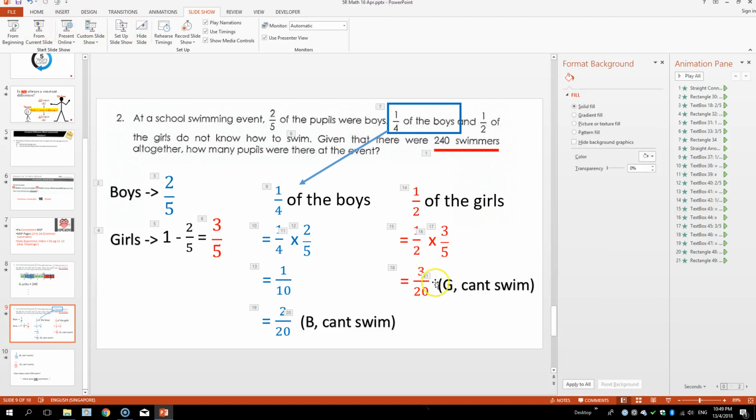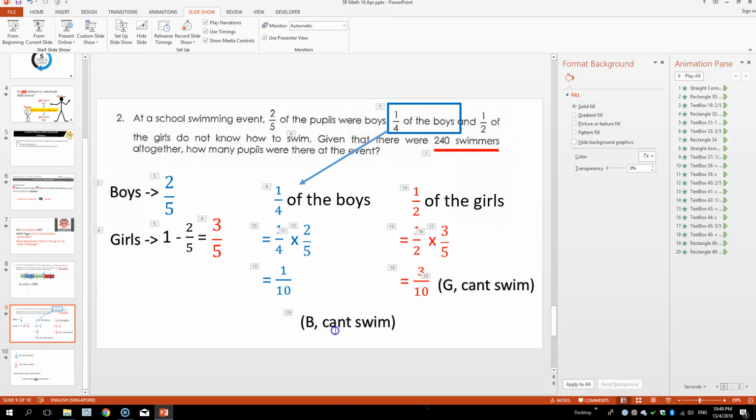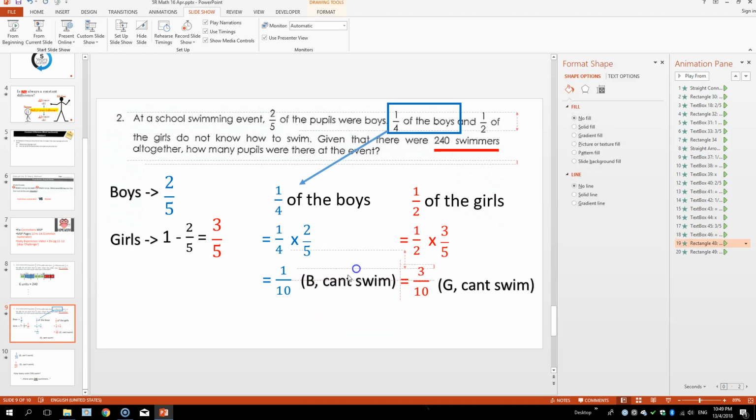What I'm going to do is take the fraction half. Of means times, and girls are just 3/5, and I multiply them. I actually get 3/10. Okay, so I'm going to modify because of the mistakes that I've made in the slide. 3/10 are girls that cannot swim, whereas the 1/10 refers to the boys who can't swim.